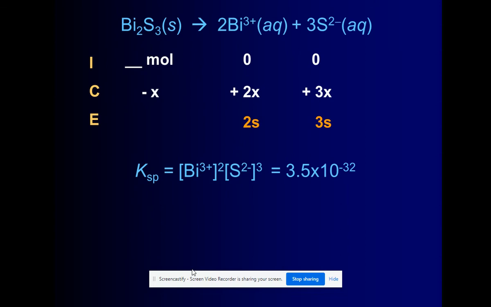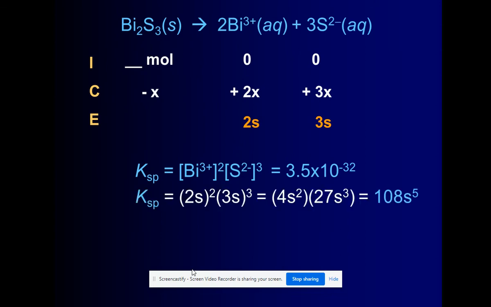If we know the value of Ksp, and we know what that Ksp expression is in terms of our solubility, 2S for bismuth and 3S for sulfur, we can mathematically solve that through squaring the 2 and the S, 2S squared, and cubing the 3 and the S, 3S cubed, to get 108 S to the 5th.